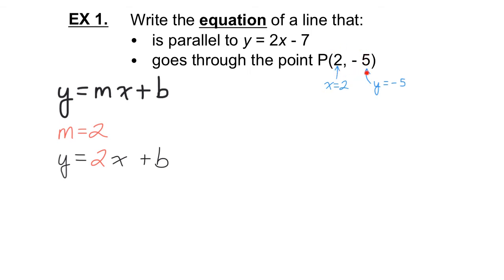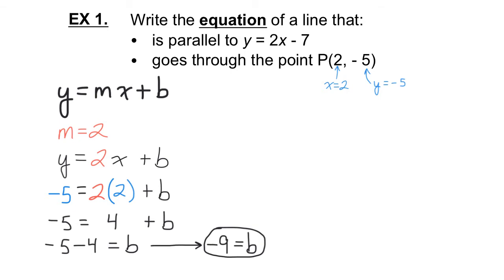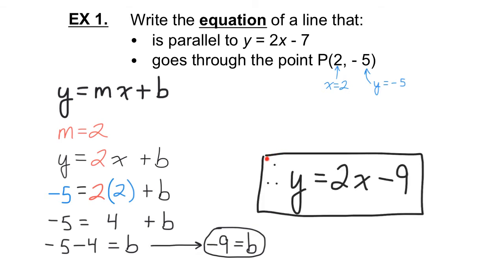So we can sub this point into our equation and we can solve for b. And once you have b, now you have both m and b, you can write the equation of our line. So for this line, the equation is y equals 2x minus 9. The slope was 2, the y-intercept was negative 9. I just plug them in for m and b.